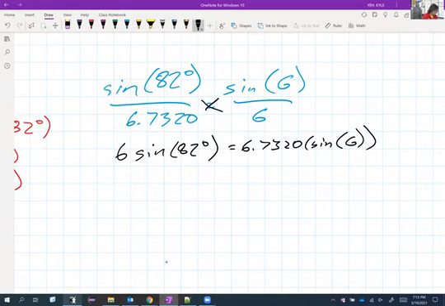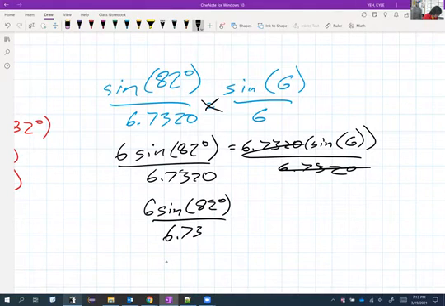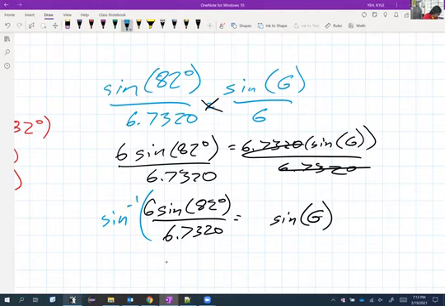Divide by the 6.7320. And then how am I going to get that G out? I'm going to inverse sine both sides. So I'll write it all out. So 6 sine of 82 degrees over 6.7320 equals sine of angle G. So to get G out of that sine, I'm going to inverse sine.